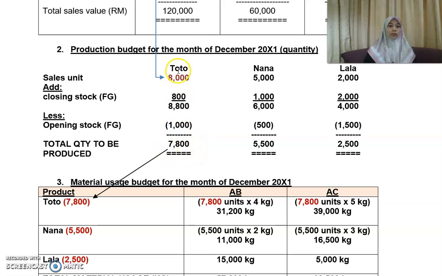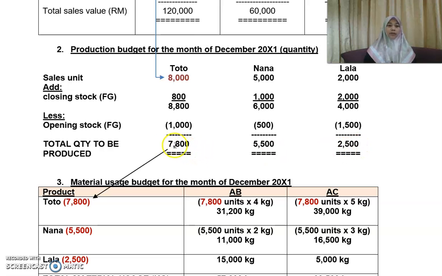Accordingly, you will have 7,800 units for Toto. Then you need to produce 5,500 for Nana, and 2,500 units for Lala.